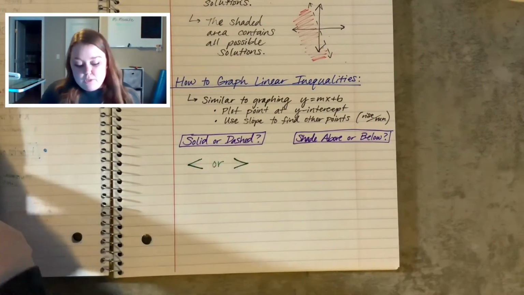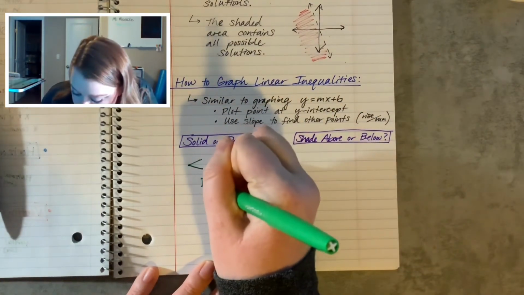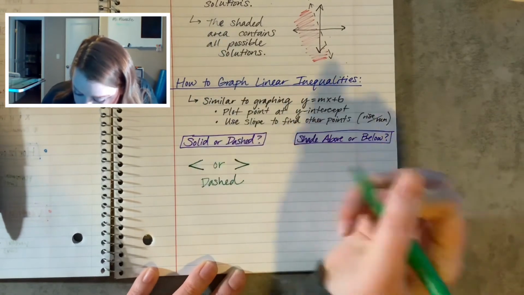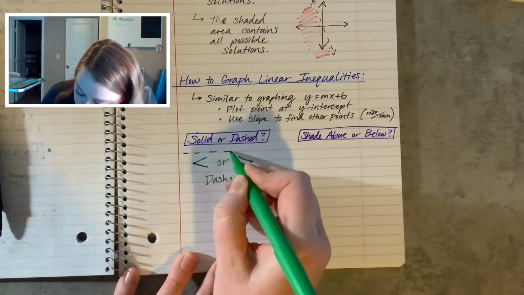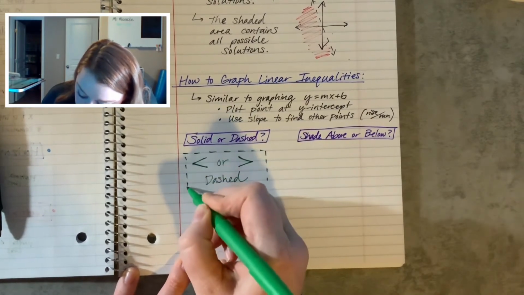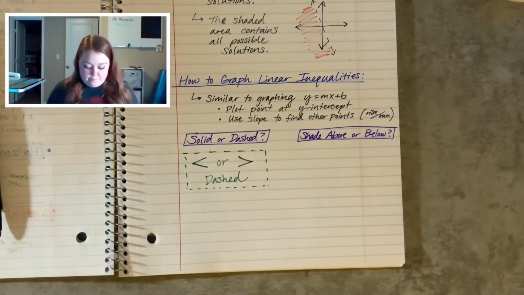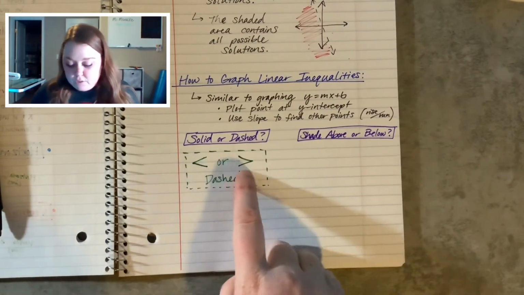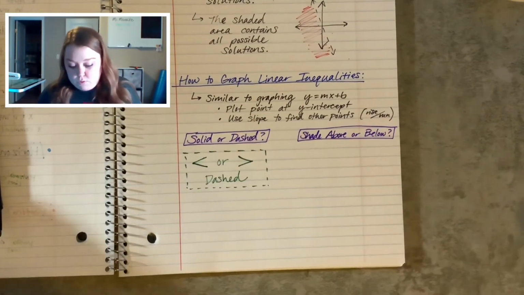So when it can't be equal, it's going to be a dashed line. Put a box around it, but actually put a dash box around it. If it doesn't have the little or equal to, it's got to be a dash line, because it means that it's not equal to.